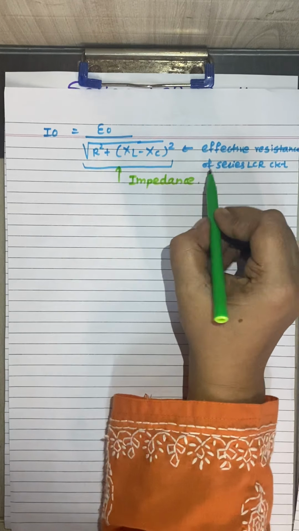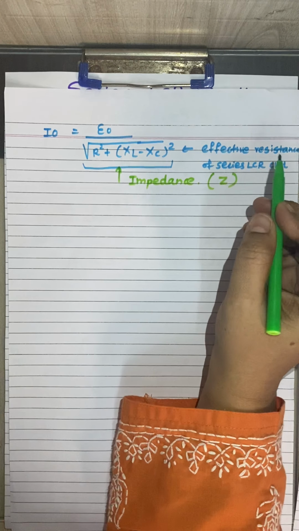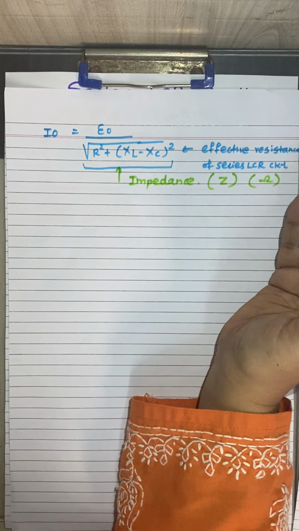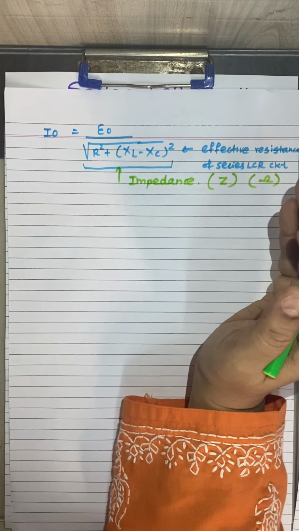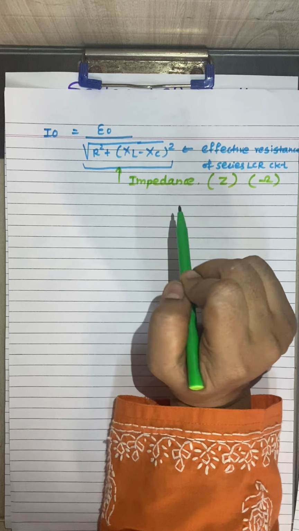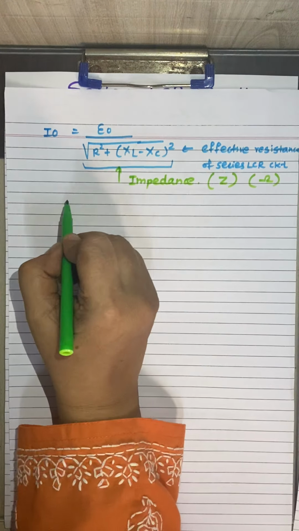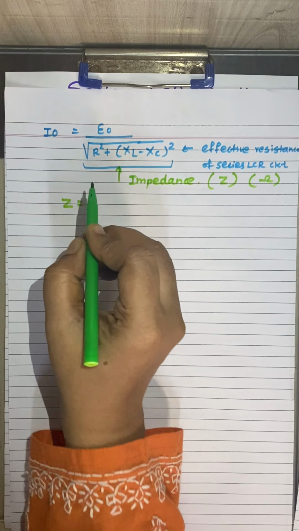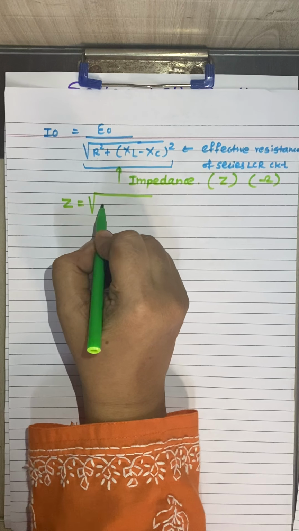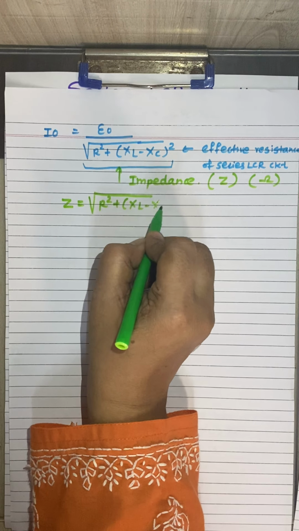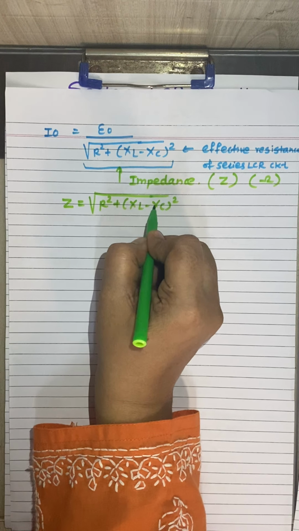It is denoted by the letter Z, and its unit is also ohm only, because it behaves as a resistance, an opposition to the alternating current when all these three components are in the series circuit. So separately I will write Z is equal to under root of R square plus (XL minus XC) bracket square.